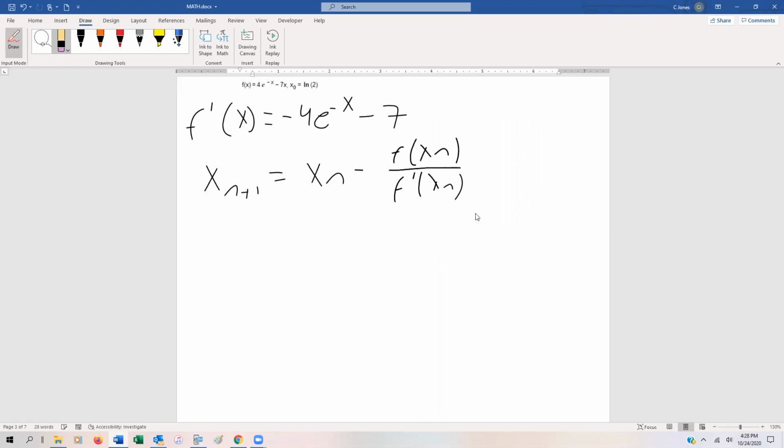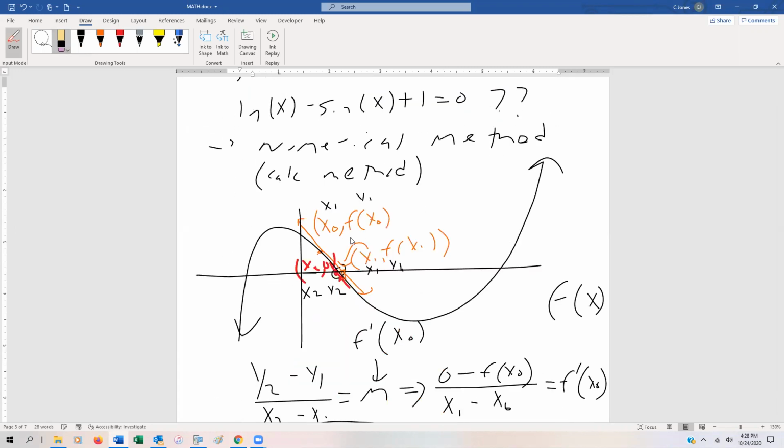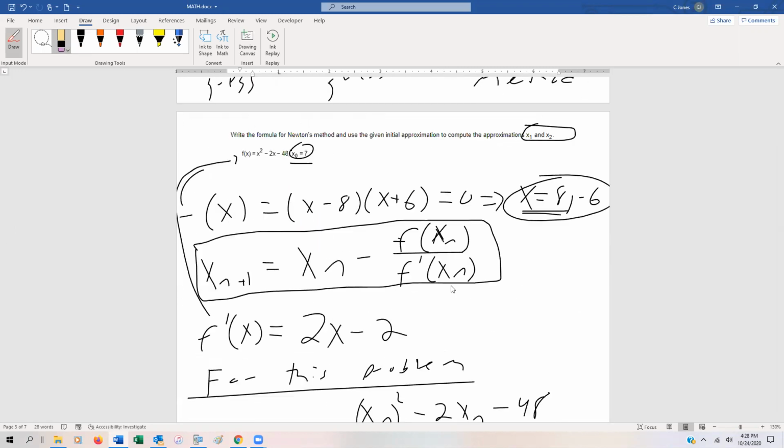All right, so the setup for this problem is going to be x sub n plus 1 is equal to x sub n minus the original function, which is 4e to the minus x sub n, minus 7 x sub n. So all I'm doing is just replacing these x's right here with x sub n.